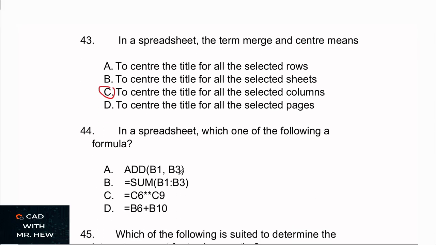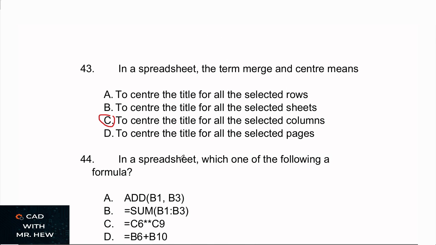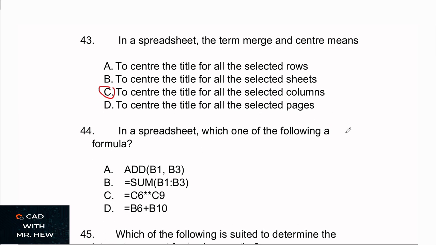Question 44. In a spreadsheet, which of the following is a formula? We have A, which reads add open bracket B1, comma, B3, close bracket.